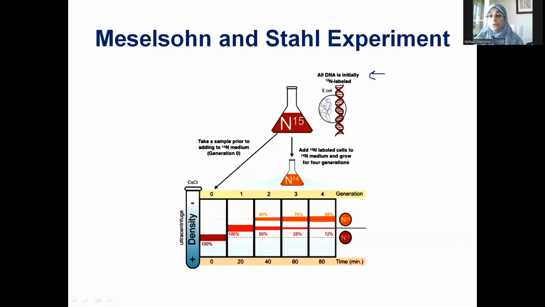And then we will add the nitrogen 15 labeled bacteria to a nitrogen 14 medium and grow them for 4 generations, meaning that we have 4 life cycles, meaning that the bacteria will reproduce 4 times or will divide by binary fission 4 times. Okay.